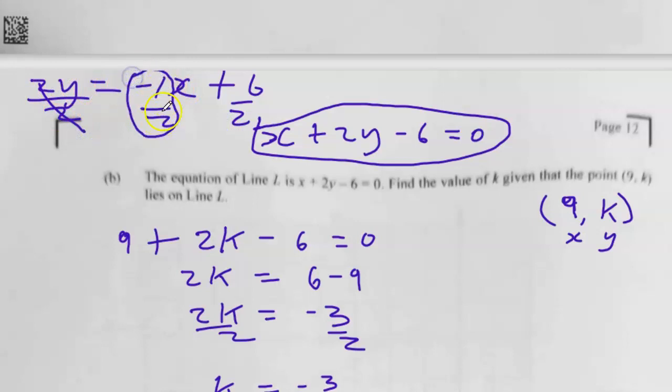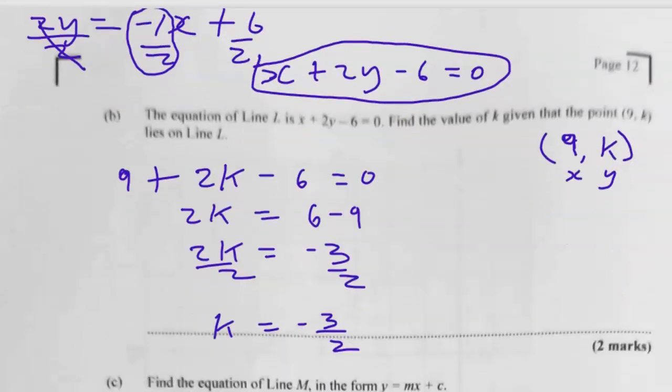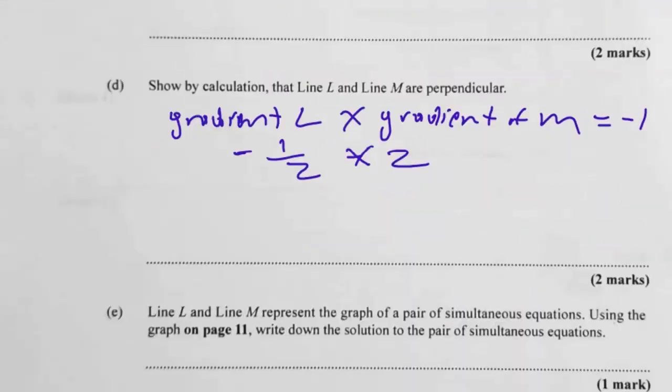The 3 is where the line cuts the y-axis, but we're not interested in that. It's just the gradient we want, -1/2. So -1/2 times 2 is -1. Since the product of the gradients of L and M is -1, these two lines are perpendicular.